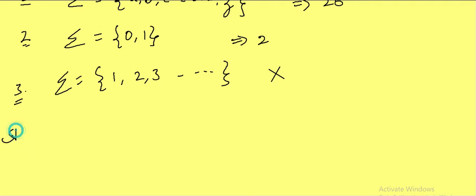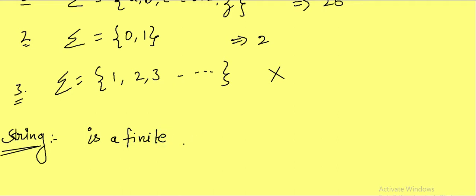Another basic element is the string. A string is a finite sequence of symbols from some alphabets.